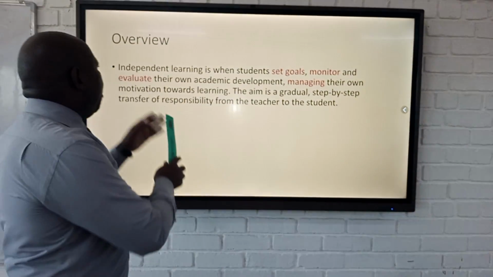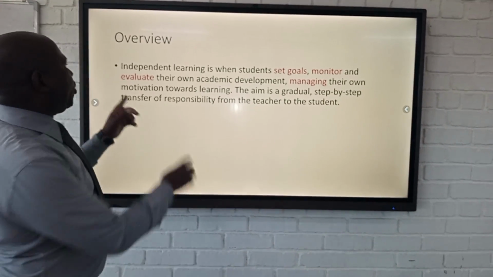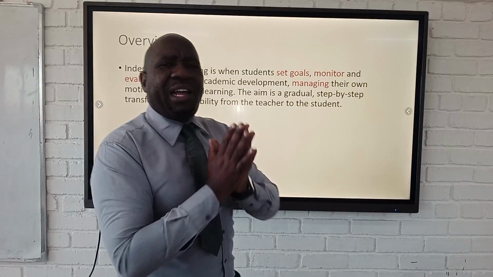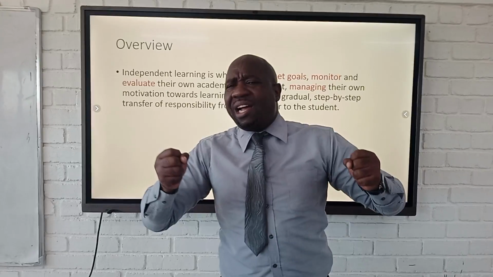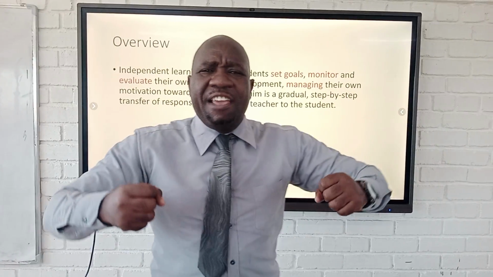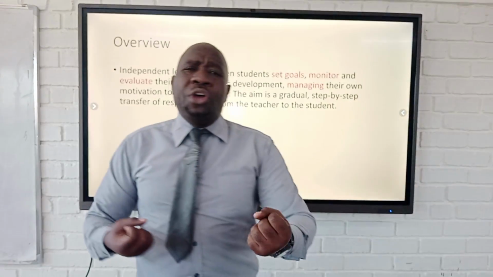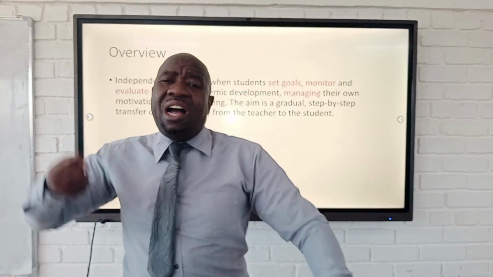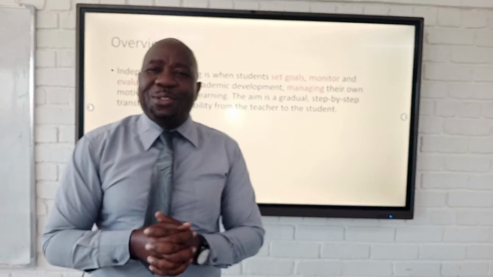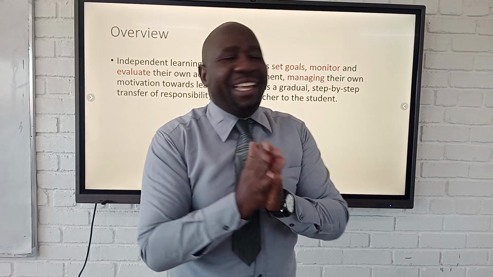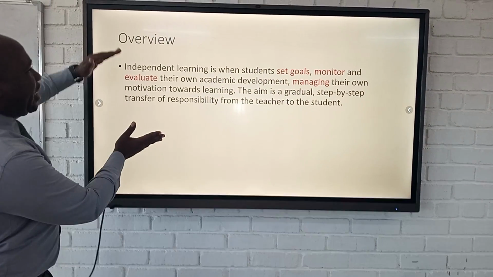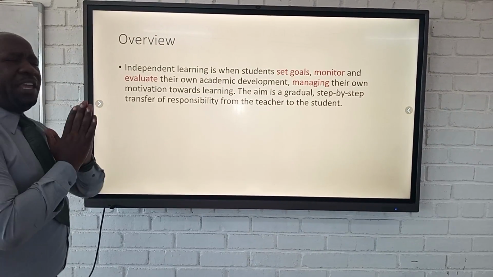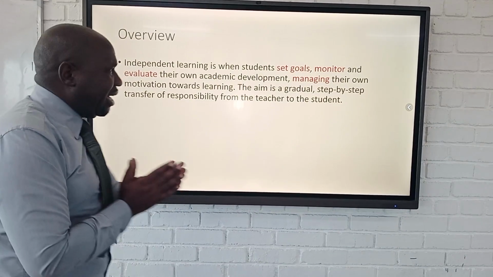So they monitor everything that takes place, and they also evaluate their academic development, their academic achievement. They evaluate themselves. It means that learners are accountable for what takes place in the classroom. So this is an overview of independent learning.